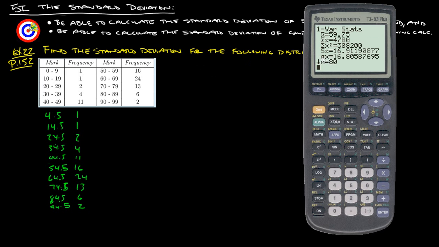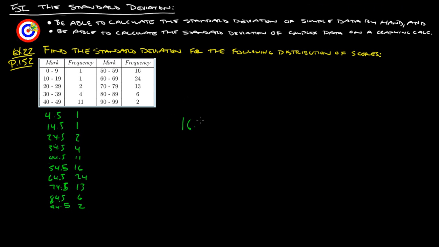And here, again, we're assuming that this is the entire population, so we use the super O X here, and we get that our standard deviation is 16.81. All right, so that's all there is there for standard deviation.